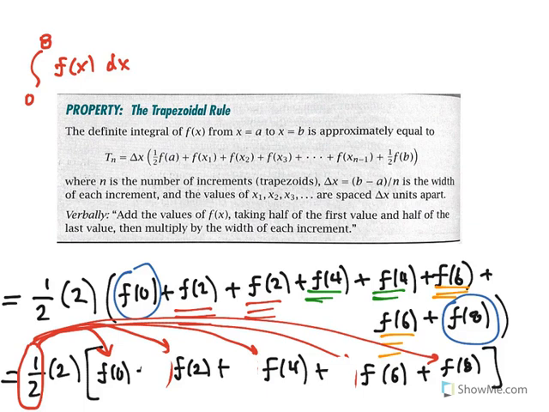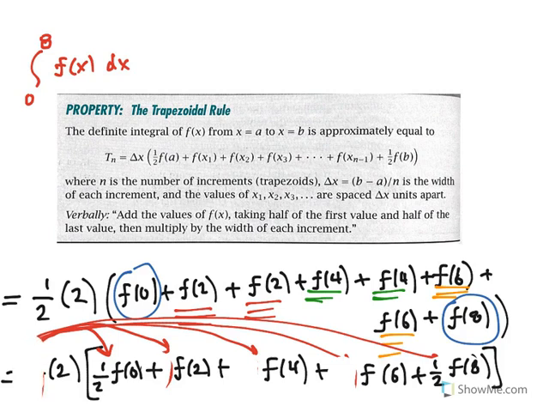And 1/2 times f of 0 will be 1/2 times f of 0. And 1/2 times f of 8 will be 1/2 times f of 8. So I have distributed the 1/2, so that's gone.